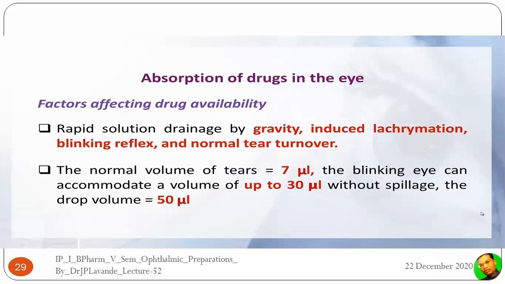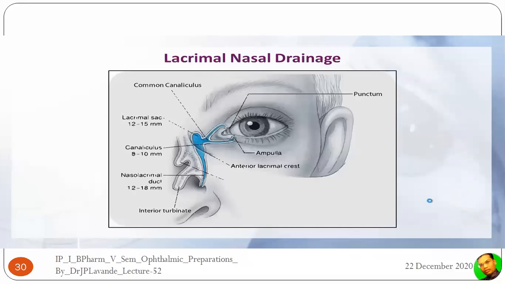In that, the first factor is associated with blinking activity, gravity-induced lacrimation, and the normal turnover of the tear. Further, we saw the diagrammatic representation of how the lacrimal drainage occurs, how the drug travels from the eyes into the nose through the lacrimal ducts and the lacrimal sac.